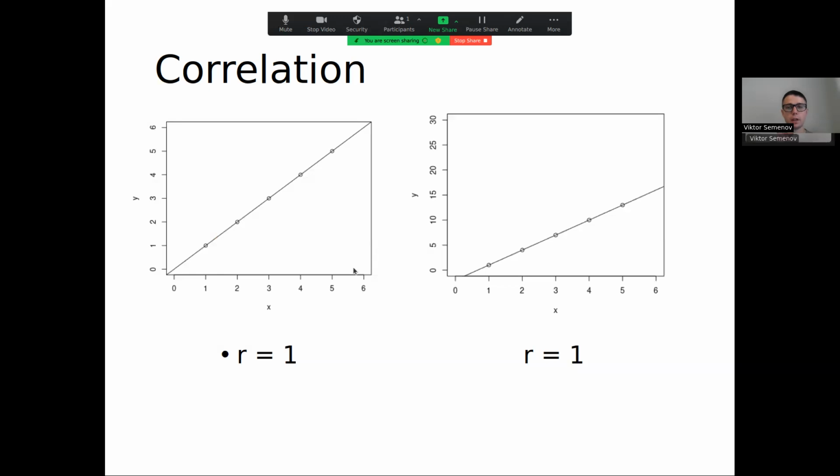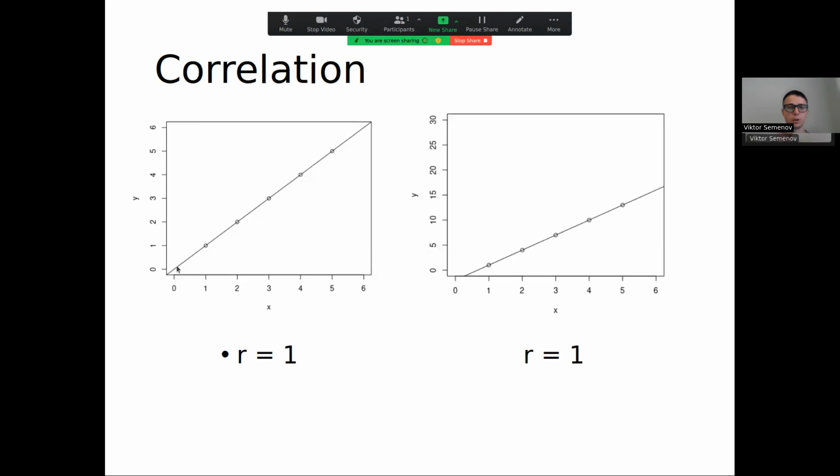The caveat I would like to explain at this point is that correlation tells us only about the strength of the relationship between two variables. So if you can draw a straight line through the dots, the correlation coefficient will be 1, and it doesn't depend on the slope of the line.